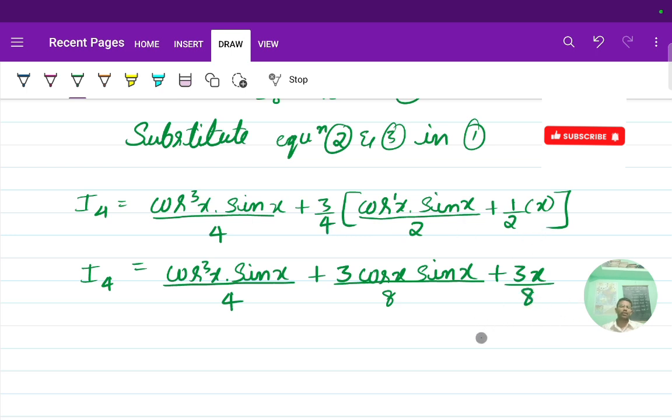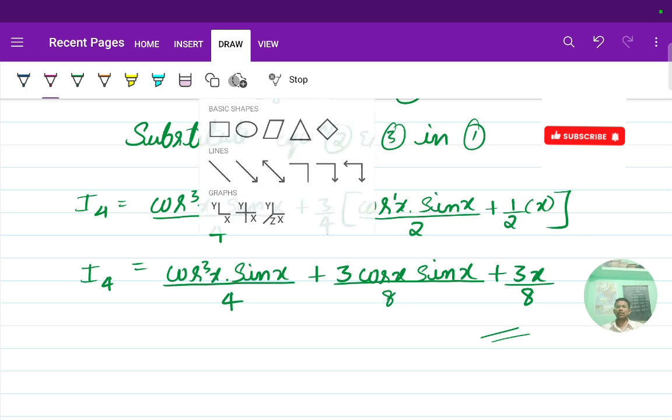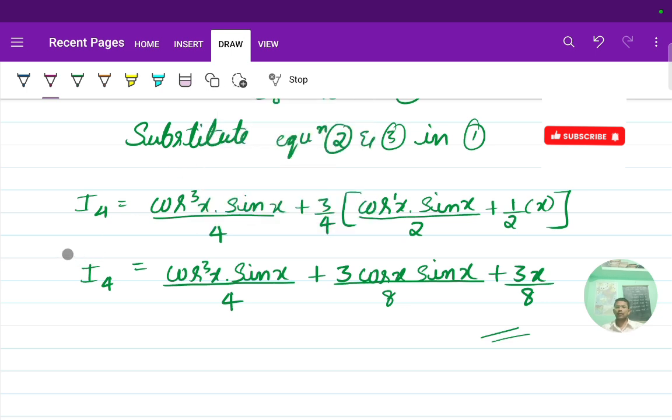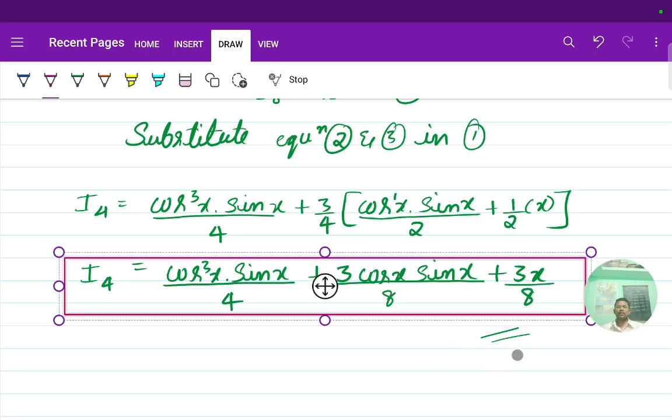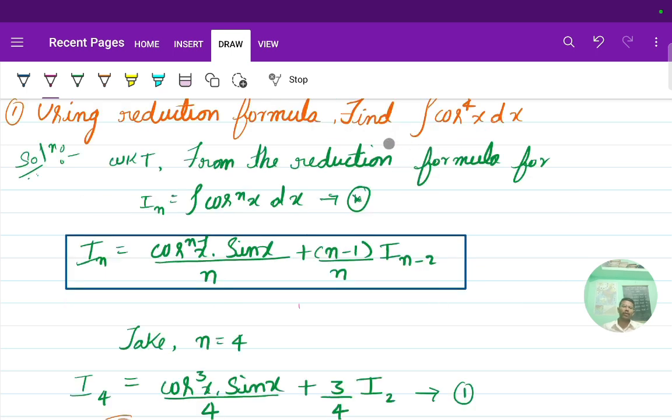So this is the required solution for the problem integration cos power 4x dx.